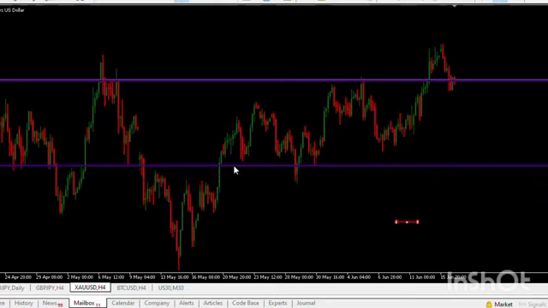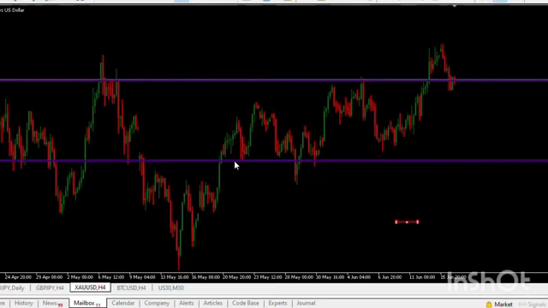Now if you look at this level here, there is no perfect shape in the market. This very level was more like a demand, because every time price retests this level or rejects on this level, what happened?